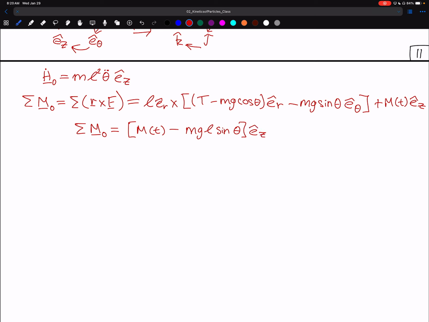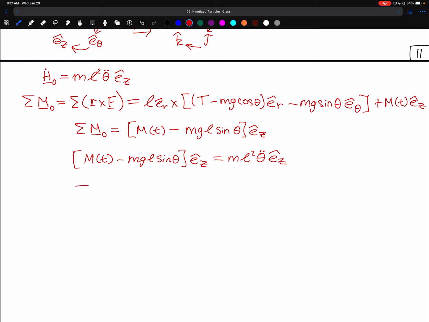Then we can combine the h0 dot with the sum of the moments, and we'll find that m of t minus mgL sine theta in the e hat z direction is equal to m L squared theta double dot e hat z.